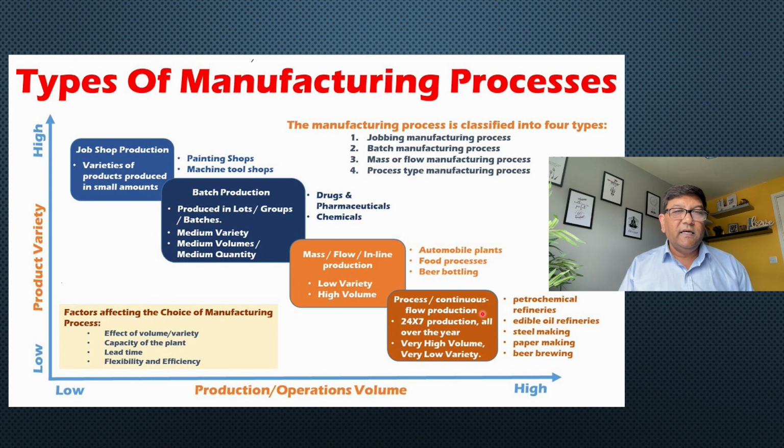It could be steel making, paper making, or beer brewing. There are several different examples. We are continuously manufacturing those products as a process. That is called process or continuous flow production. We are manufacturing something 24/7, 365 days.